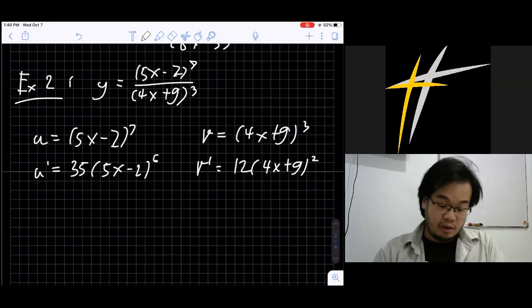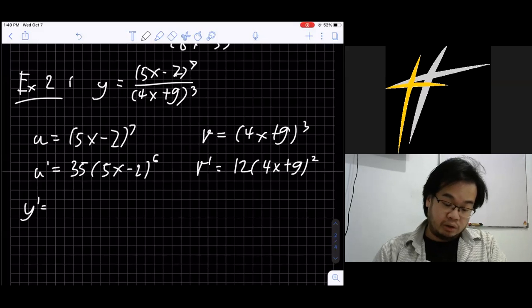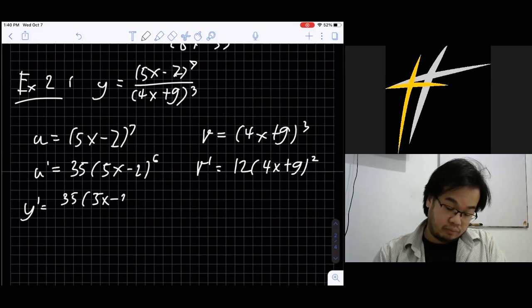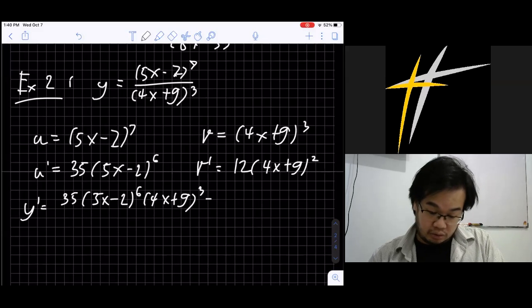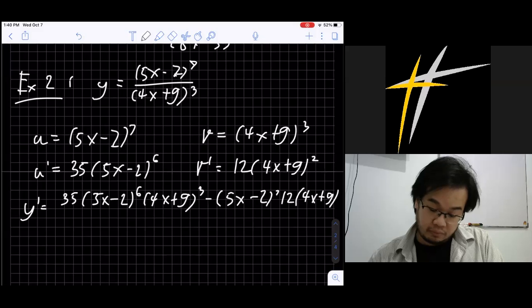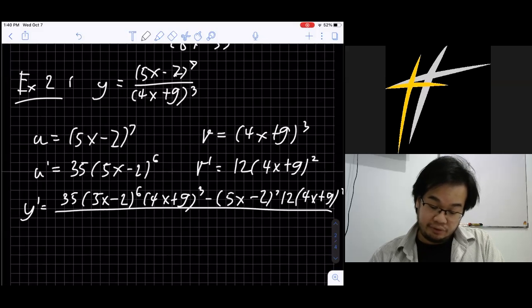Okay, so y prime is equal to u prime v minus u v prime over v squared.